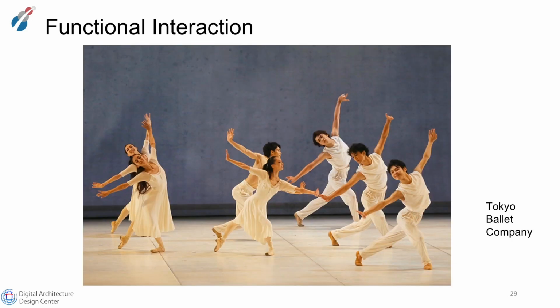Or functional interaction. This is an example of a performing arts group like the Tokyo Ballet Company. And so you can see there's no physical connection certainly in this picture between the ballet dancers, but together they have a functional interaction from which emerges a message or the performance, the artistic expression of their performance.